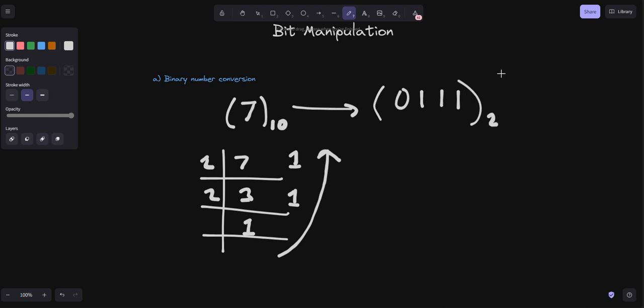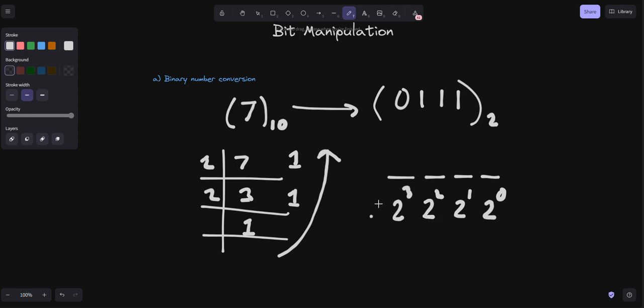There's another way of doing this. These four bits, you can say the first bit corresponds to 2 to power 0, this one corresponds to 2 to power 1, 2 to power 2, and 2 to power 3, and this goes on and on.